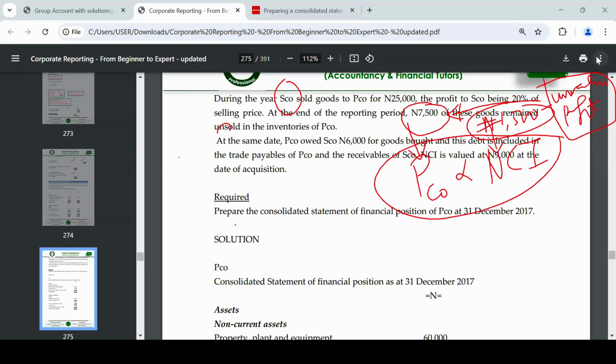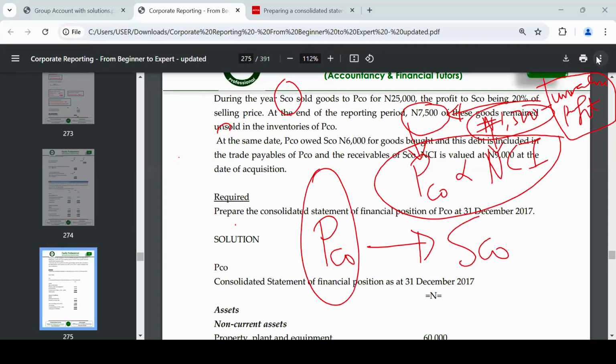All right. Yes, sir. Now, I understand the scenario you may want to build is like this. If PICO sold to ESCO, it's a much simpler situation. You know why? Because it is PICO that has the unrealized profit. So nothing will concern NCI at all.